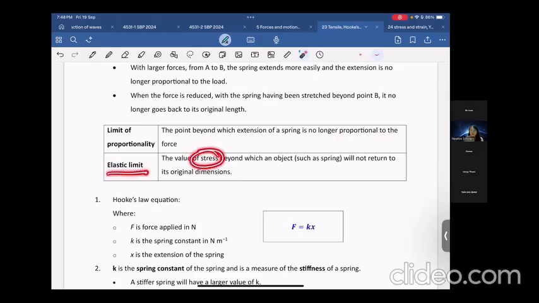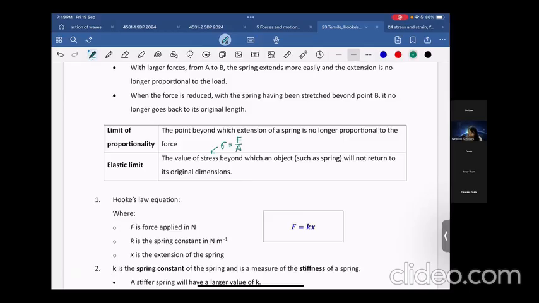We will learn about how to calculate the stress, but right now we're having a look first. Stress is actually force divided by area. It seems like we are calculating pressure, force divided by area. So the stress unit is also the pascal. It is the value of stress beyond which an object will not return to original dimension. The length is permanently spoiled.